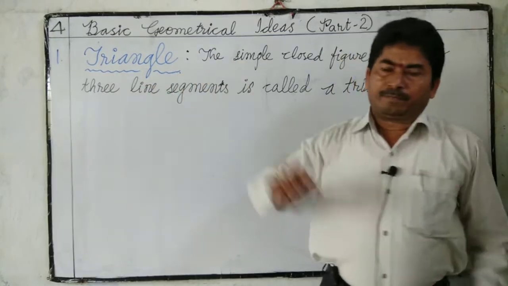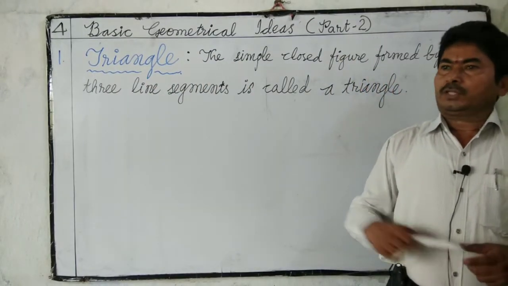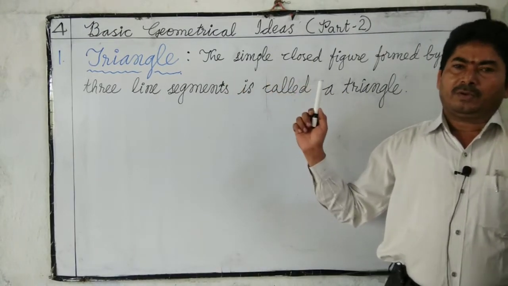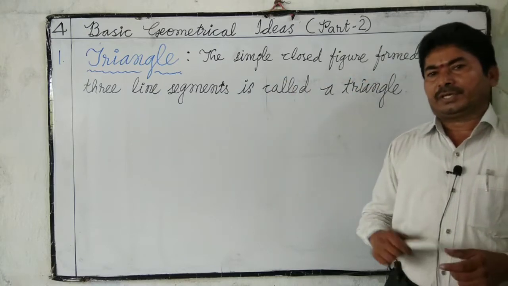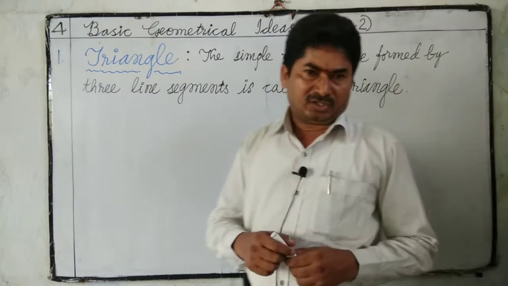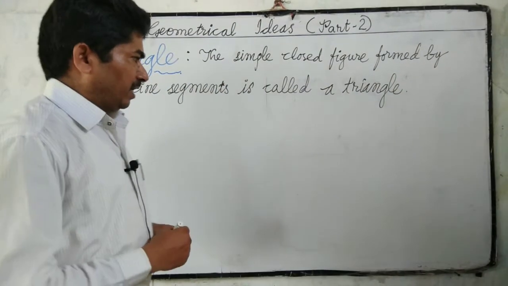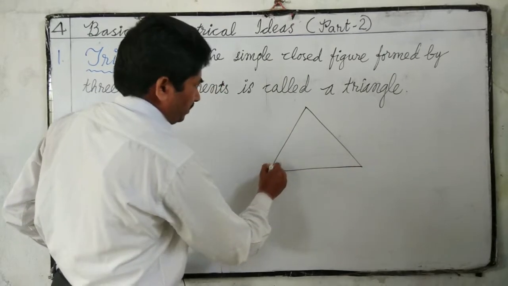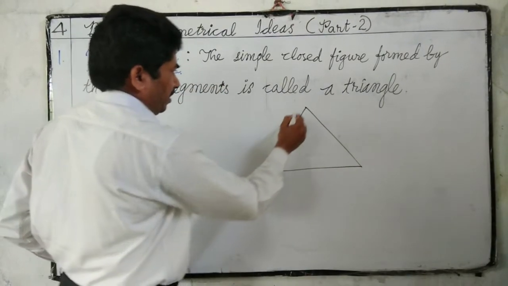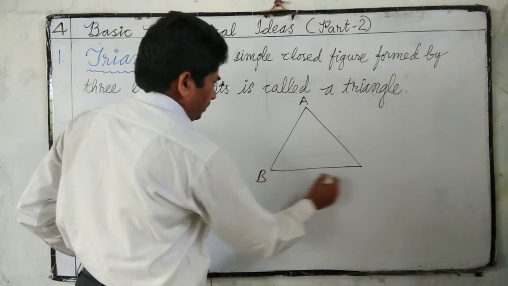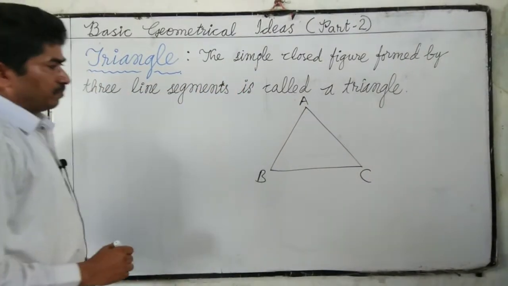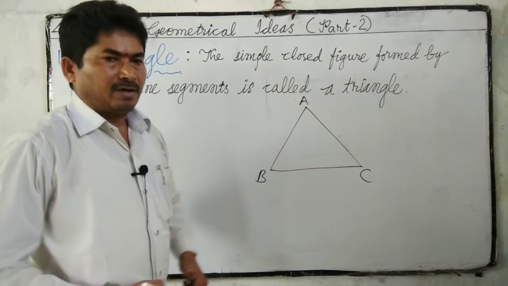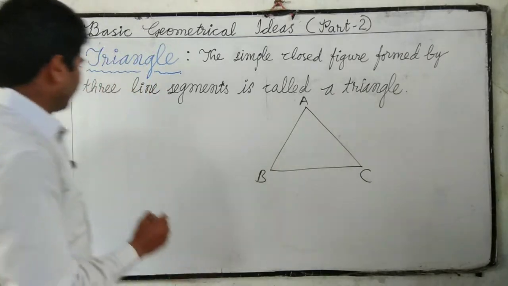First, triangle. What is a triangle? The simple closed figure or the simple closed polygon formed by three line segments is called a triangle. To understand this, let us draw a figure. These line segments are called sides. AB, BC, AC are called sides.